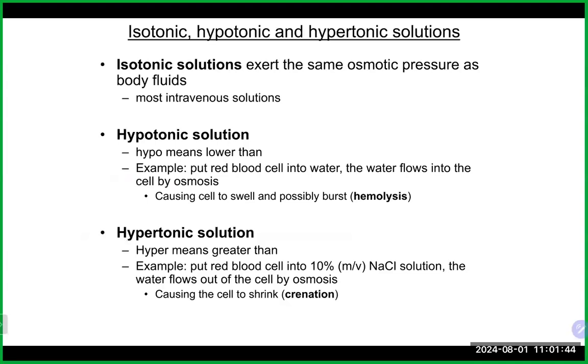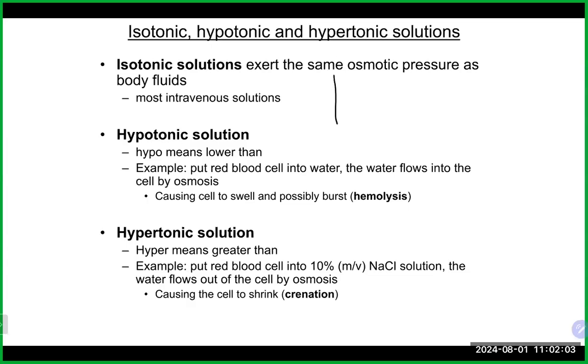Now, when we talk about solutions, there's three ways to classify a solution. One way is what is known as an isotonic solution. An isotonic solution is a solution that has the same osmotic pressure as body fluids. So what does that mean?